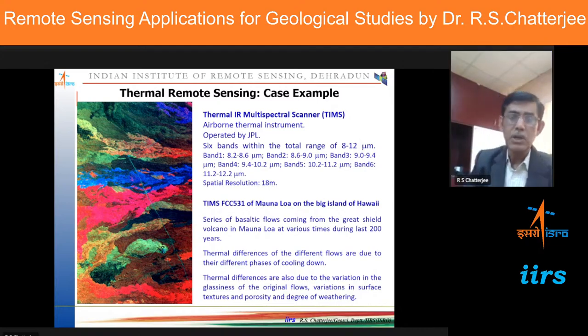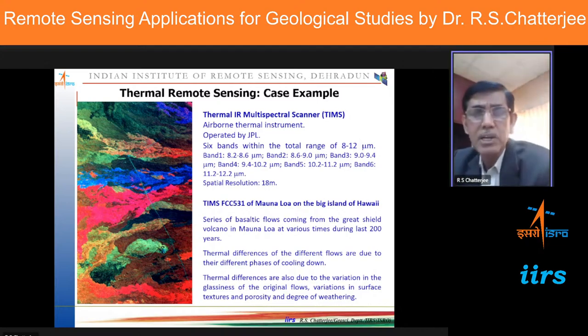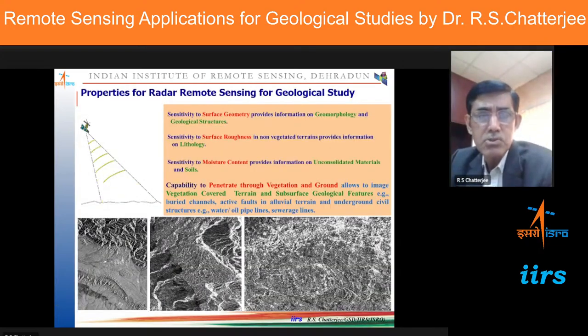Okay. Now coming to the microwave region of the electromagnetic spectrum. In optical, we are in the micrometer wavelength region, that is 0.4 to 2.3 micrometer in optical. In thermal, from 3 to 35 micrometer, something like this.